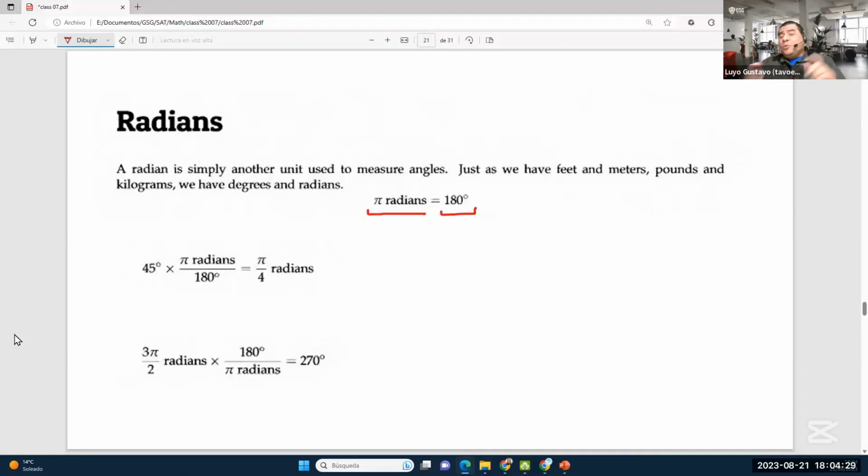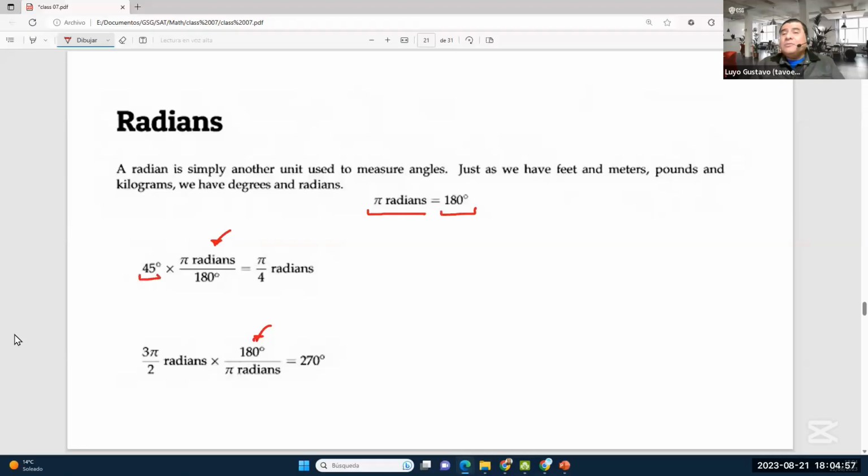So whenever you want to calculate the measure of an angle in radians, just use the conversion rate, such as this, if you want to move from degrees to radians, or this one here, if you want to move from radians to degrees. For example, what is 45 degrees in radians?